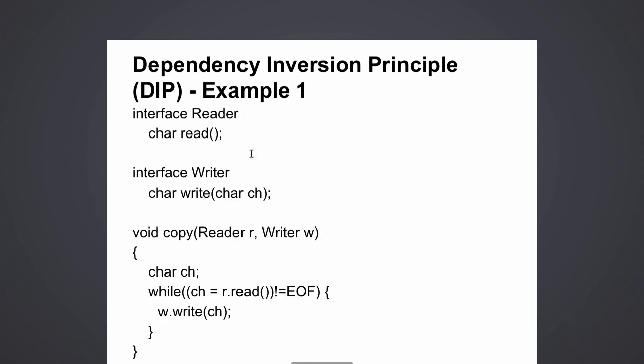But with this kind of implementation, you can add in as many readers as you want, as many writers as you want, but you don't need to touch the copy method. The copy method remains as it is. All that the readers and writers need to do is implement the appropriate read or write methods. So this is the dependency inversion principle, where you try and depend on a lot of interfaces, a lot of abstract stuff. Try and depend on abstractions rather than concrete stuff as much as possible.